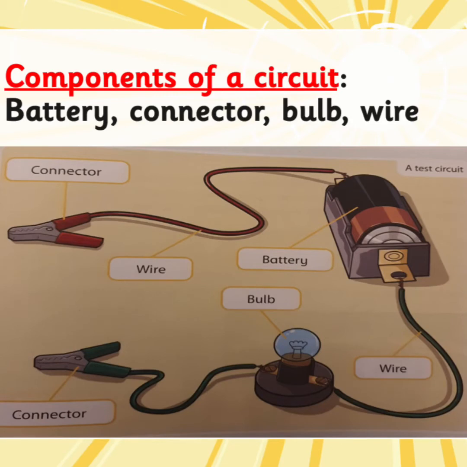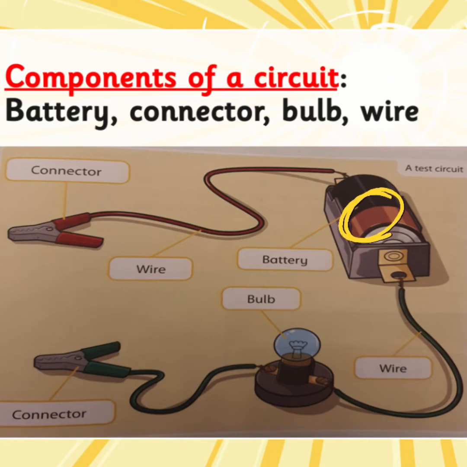Now let's have a look at the components of a circuit in detail. To start with, first you need a battery. The battery is the main component, which is a source of energy.